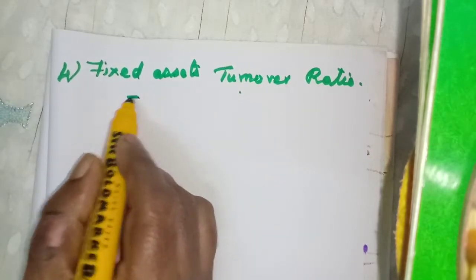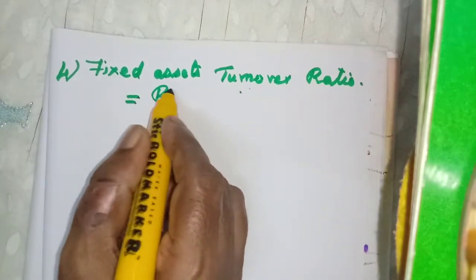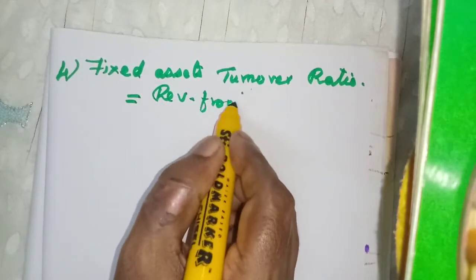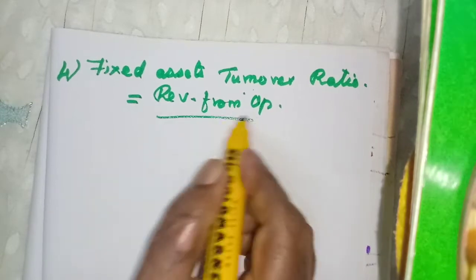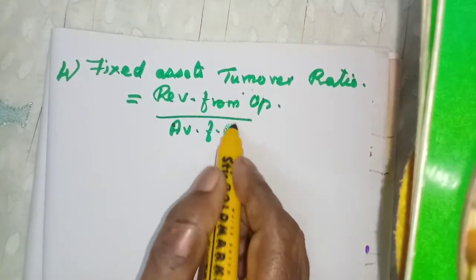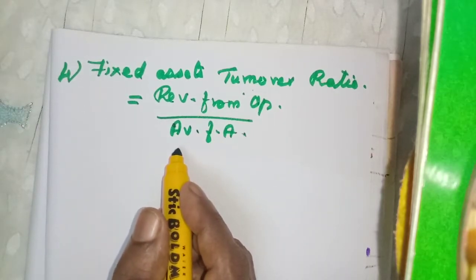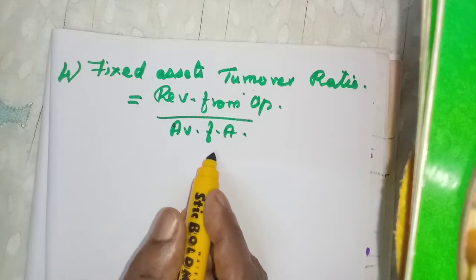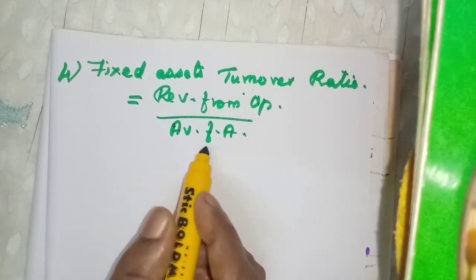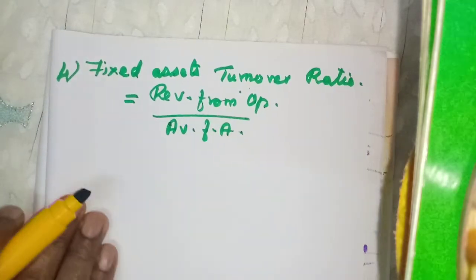So how to calculate this ratio? The formula is turnover, revenue from operation, divided by average fixed assets. What is average fixed assets? Opening fixed assets plus closing fixed assets divided by 2. If they have given only closing fixed assets, we can take that one.